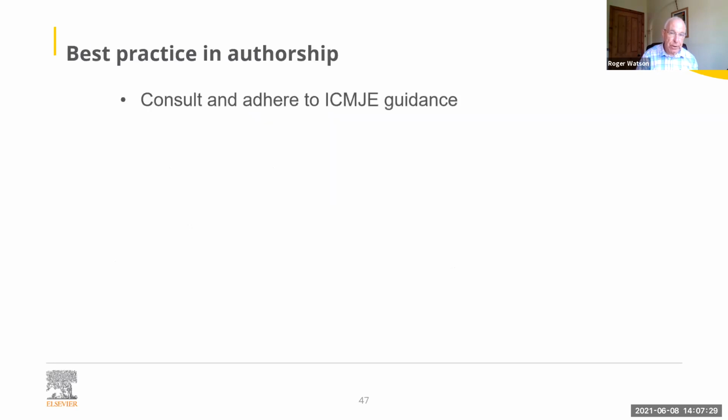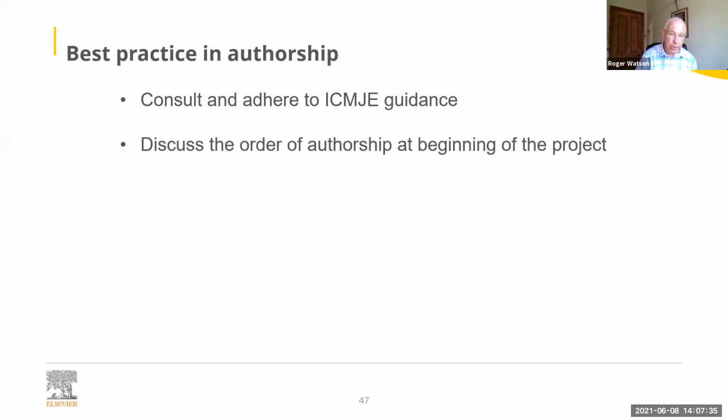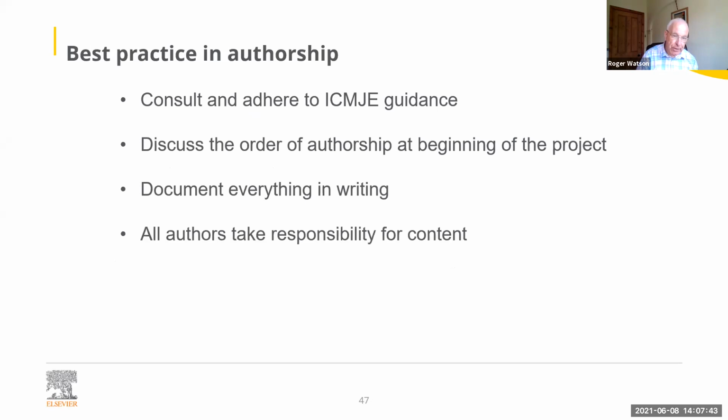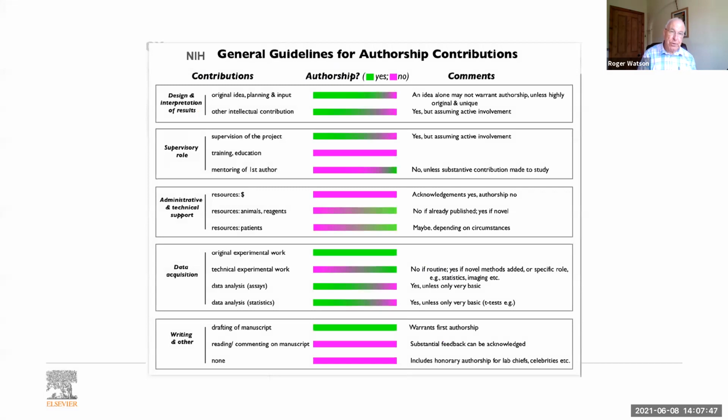Best practice in authorship is to consult and adhere to the ICMJE guidance, which I've just given you. Discuss the order of authorship at the beginning of the project, not at the end when you're writing the papers. Document everything in writing and make sure everybody's responsible for the content. And you can use this algorithm here from the National Institutes of Health in America, and it's very good.